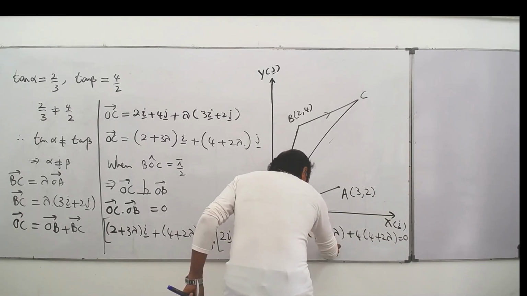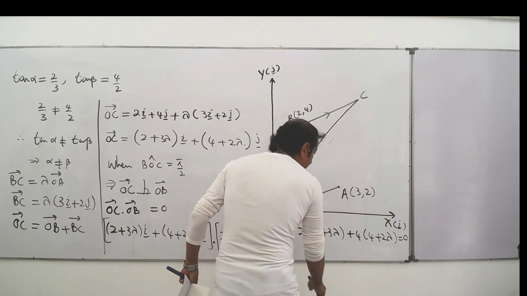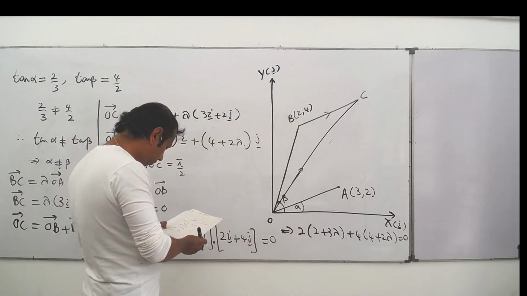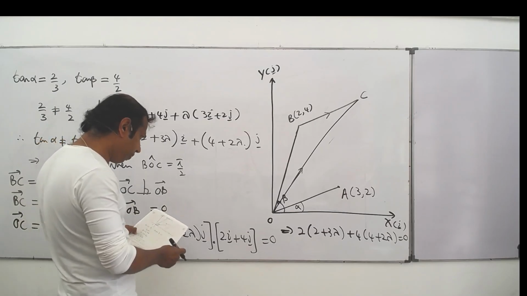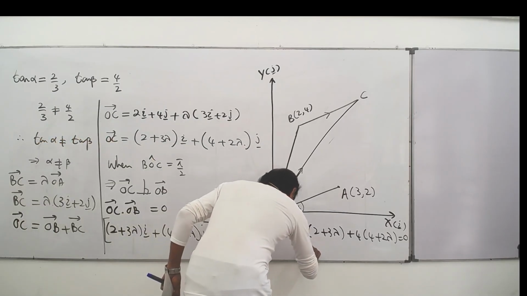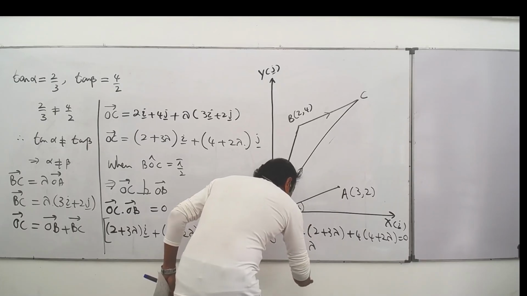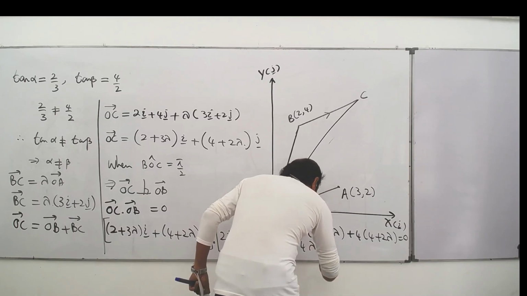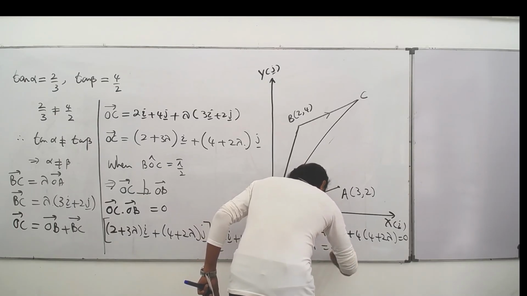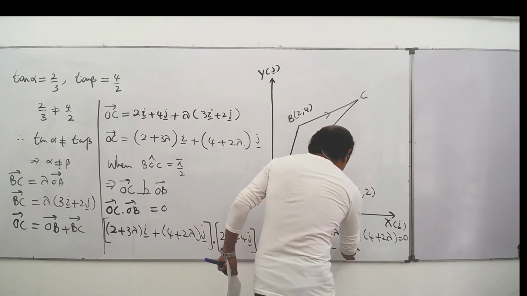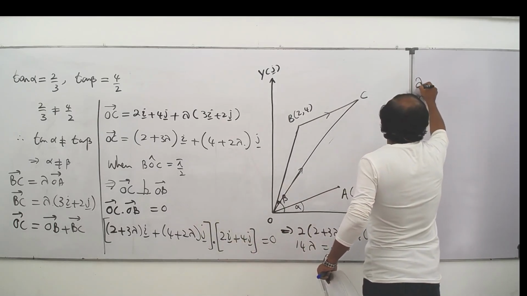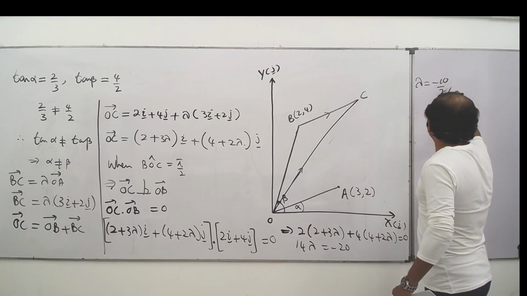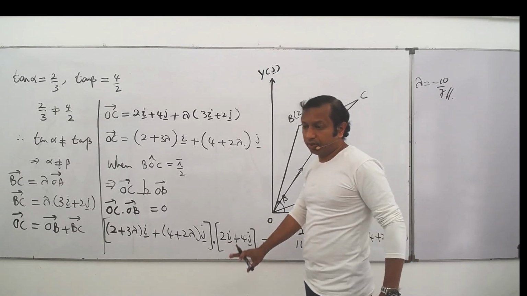Here we get 6 lambda, here 8 lambda, then there we get 14 lambda, and here we have 4, here we have 16, then 20. Take to right hand side minus 20. The lambda we get minus 10 over 7. This way we can take that answer.